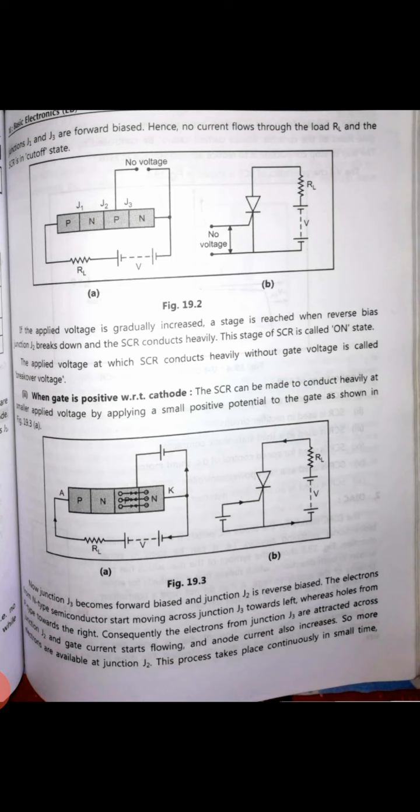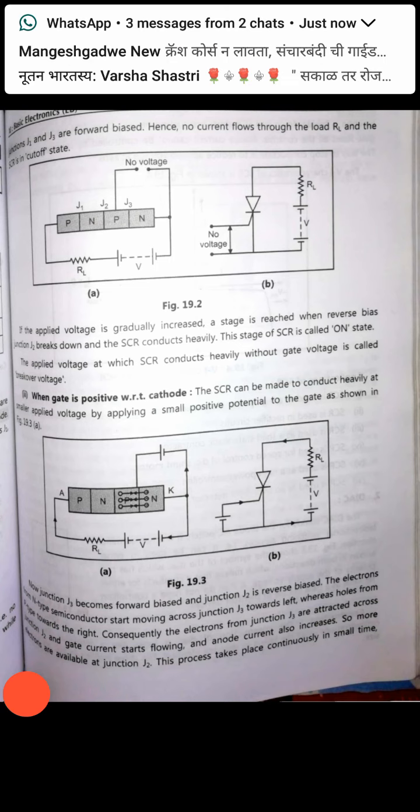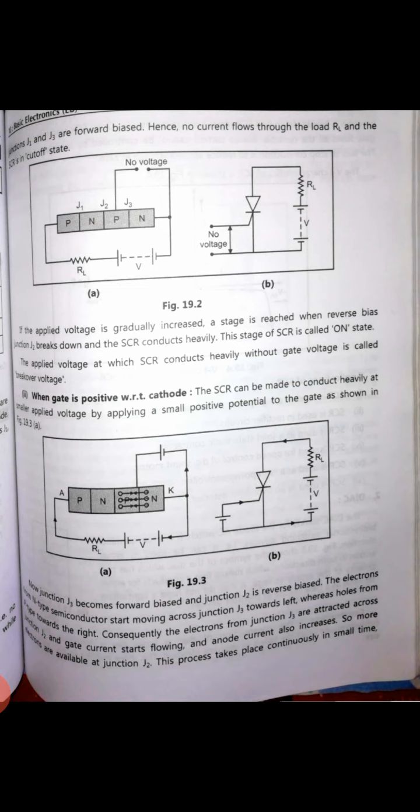The electrons from N-type semiconductor start moving across junction J3 toward the left, whereas holes from P-type move toward the right. Consequently, the electrons from junction J3 are attracted across junction J2 and the gate current starts flowing.